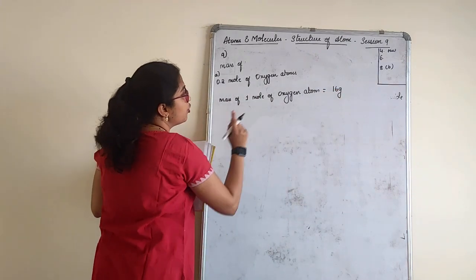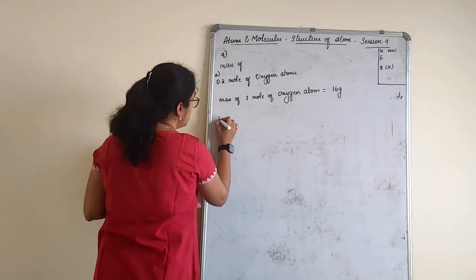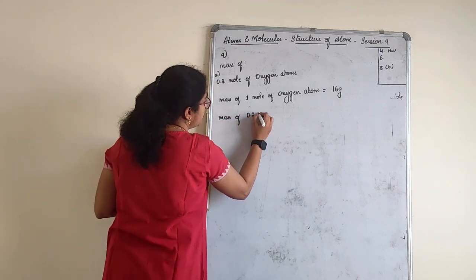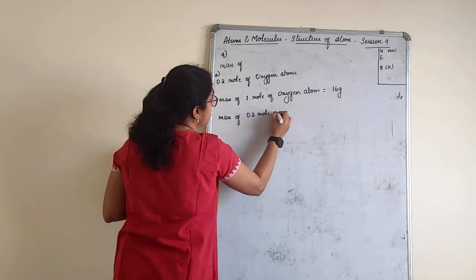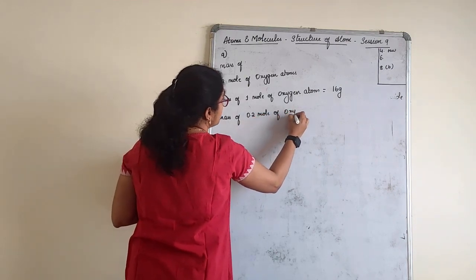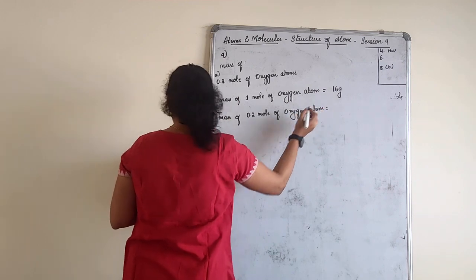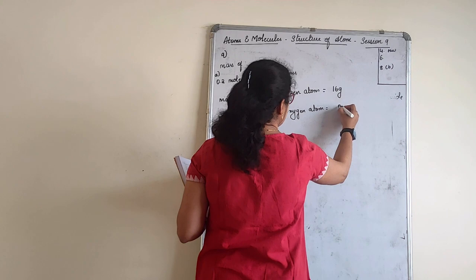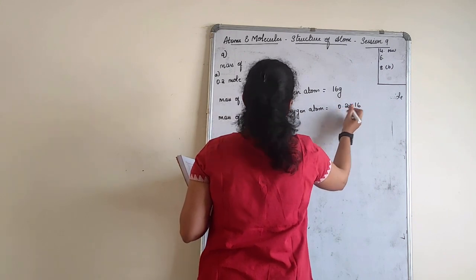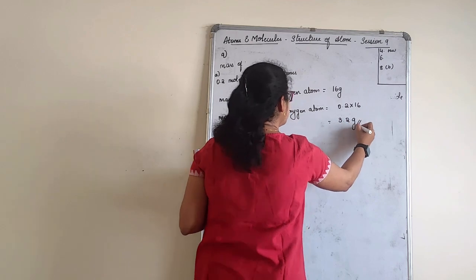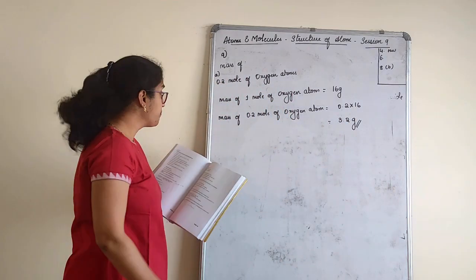Therefore, mass of 0.2 mole of oxygen atom is equal to, cross multiply, 0.2 into 16, which is 3.2 grams. Very simple.